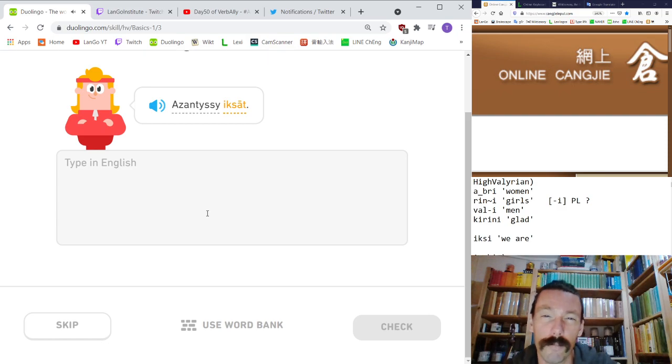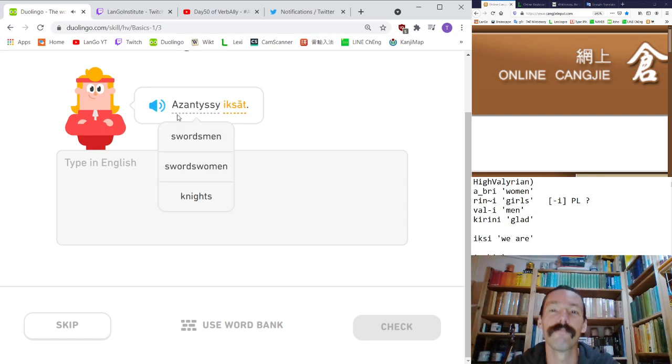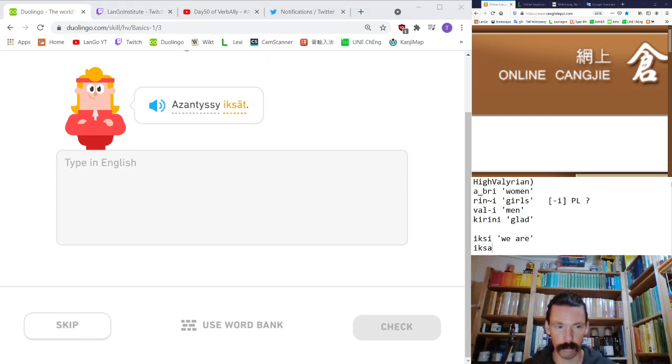Azantysiksat. Azantysy. Iksat. Plural U. So maybe Ix is the plural root. It looked like it was a sa root, that first lesson, for meaning be.